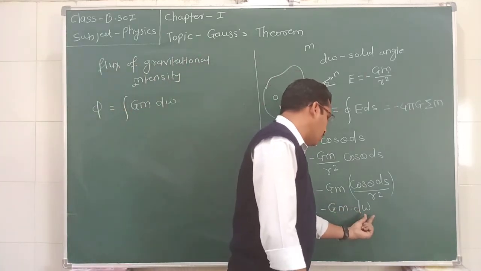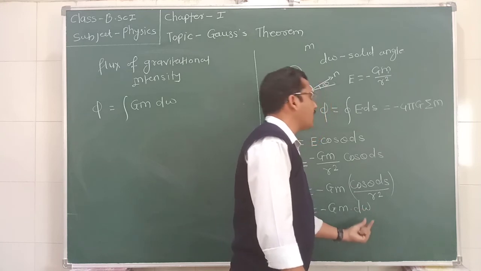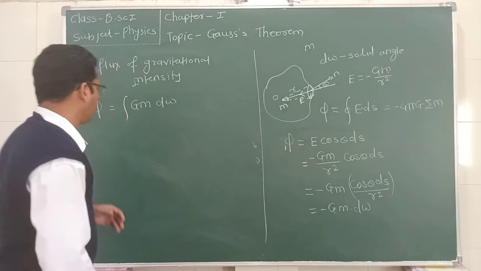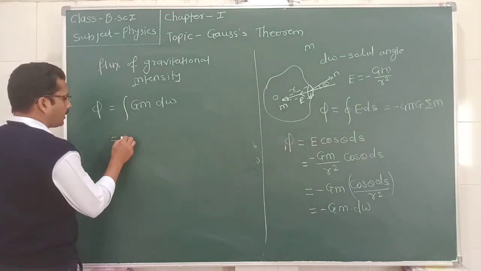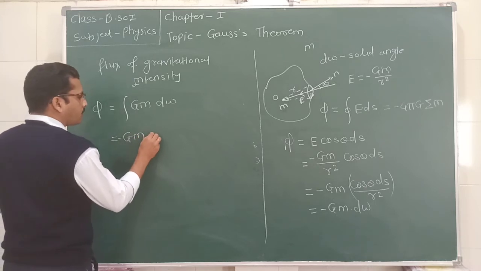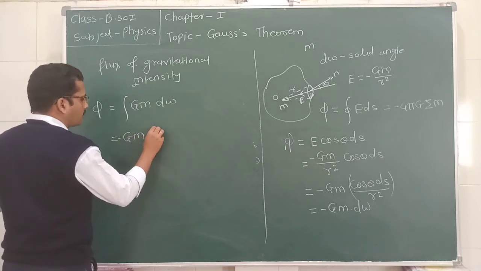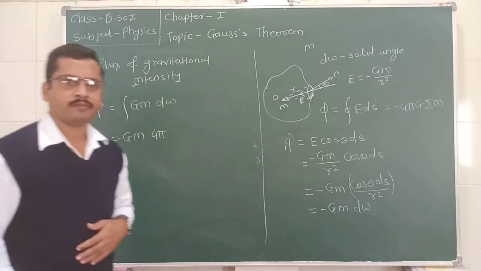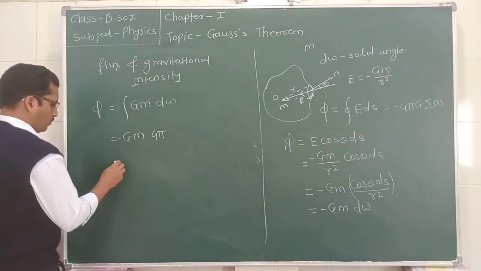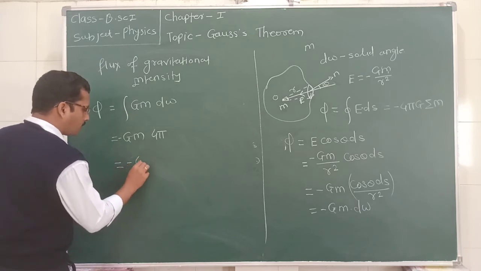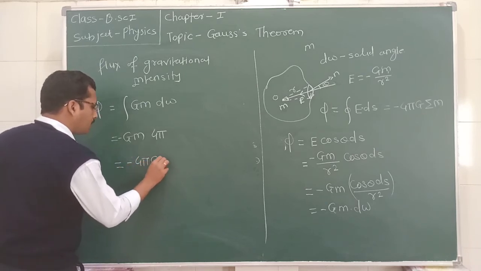D omega is nothing but the small solid angle made by the surface ds. So what is the total solid angle? What is the integration of d omega? The maximum value of the total solid angle is 4 pi. So we can write minus 4 pi Gm.